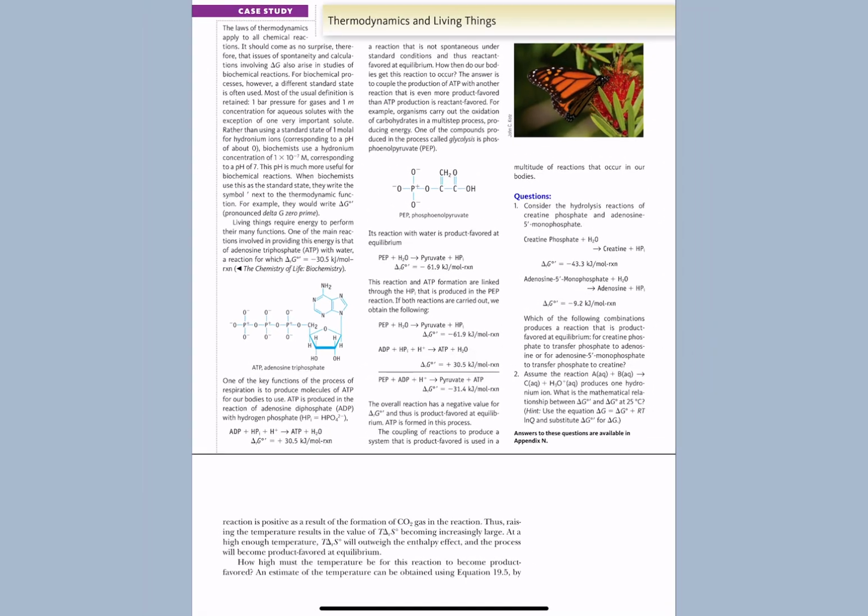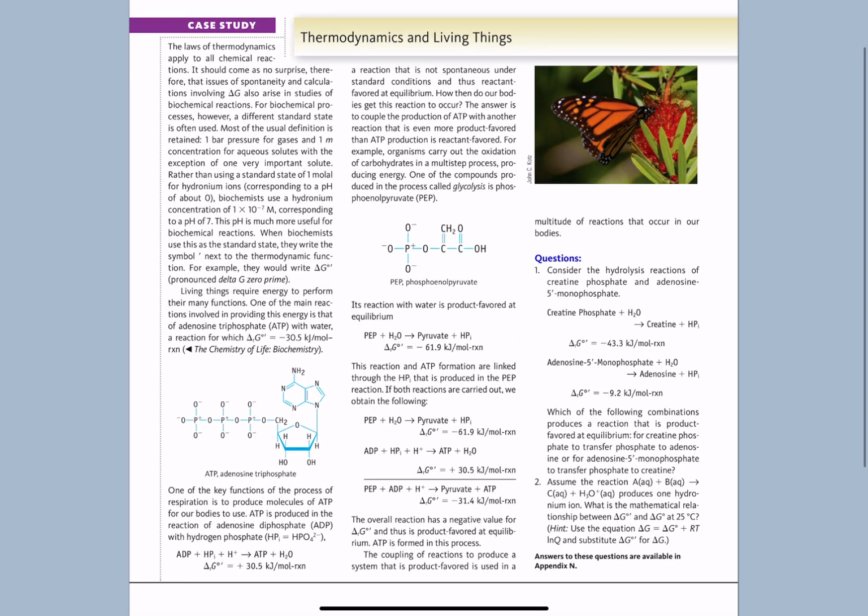And before we answer that question, for those of you very interested in biology and biochemistry, there's an awful lot of thermodynamics that goes on in biology. And there are many, many chemical reactions that are essential for living things that do not take place spontaneously. In other words, their delta G is positive. But if some of these chemical reactions are working in conjunction with other chemical reactions that happen to have a substantial negative delta G, they can become spontaneous.